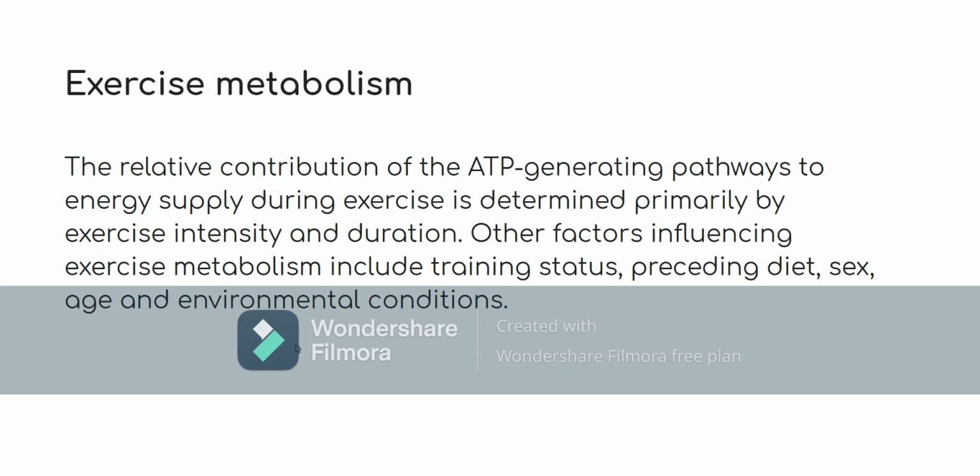The relative contribution of the ATP generating pathways to energy supply during exercise is determined primarily by exercise intensity and duration. Other factors influencing exercise metabolism include training status, preceding diet, sex, age, and environmental conditions.